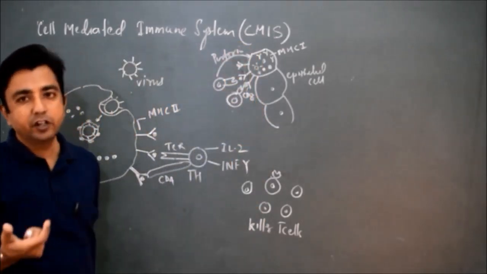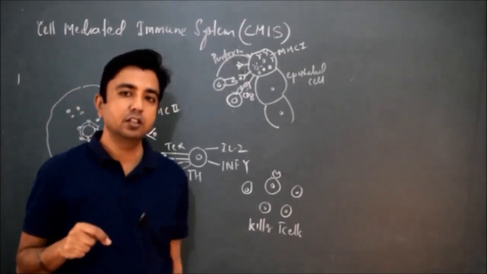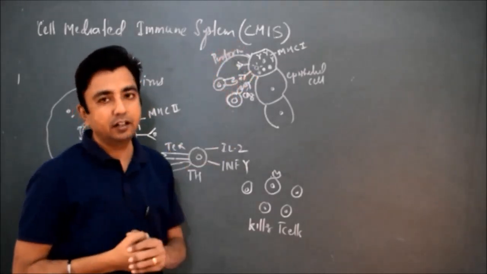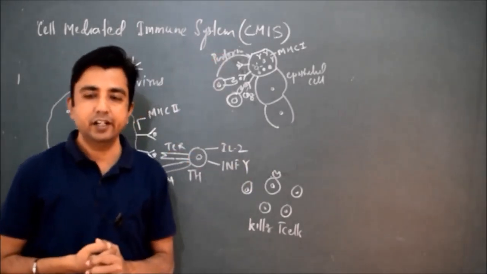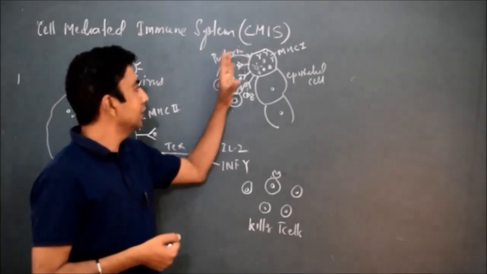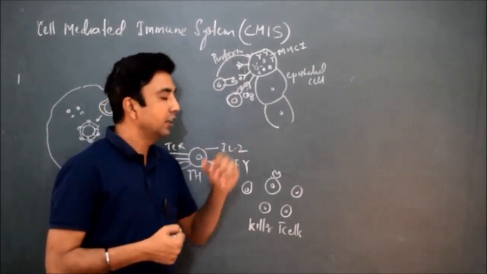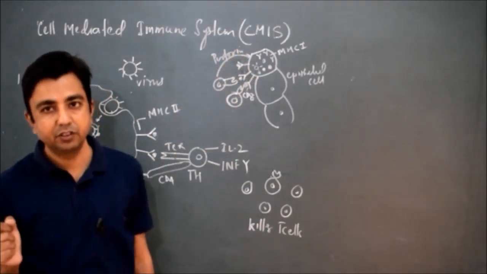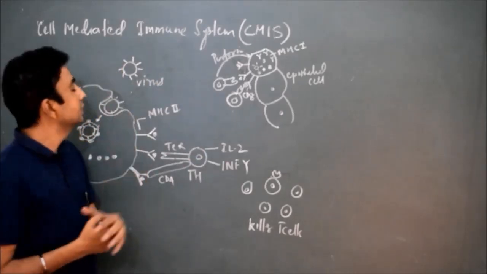And as we know, perforins are chemicals which form pores on the membrane of the cell. So the infected cell will have pores once perforins are secreted by the killer T cells. After the formation of the pores, the cell will die. The infected cell will die. So that is the mechanism of cell-mediated immunity.